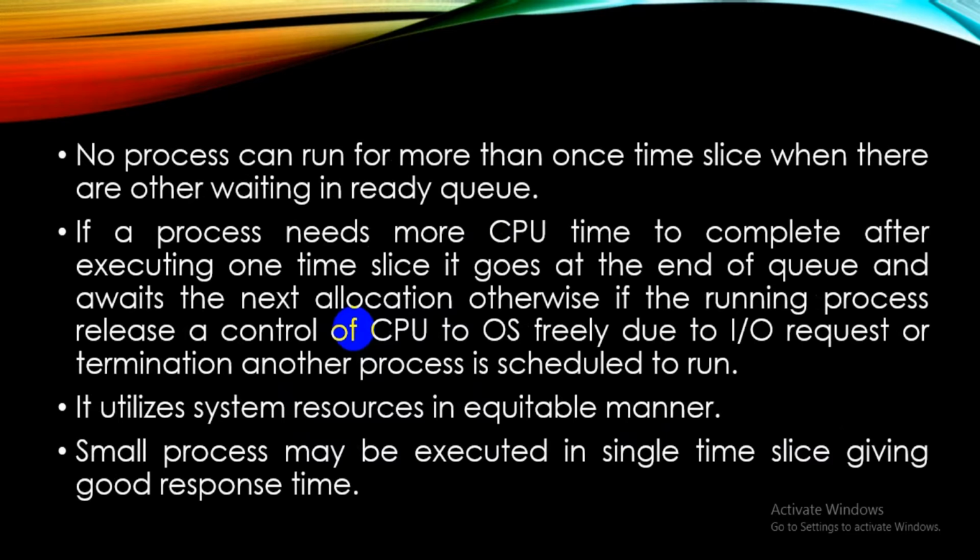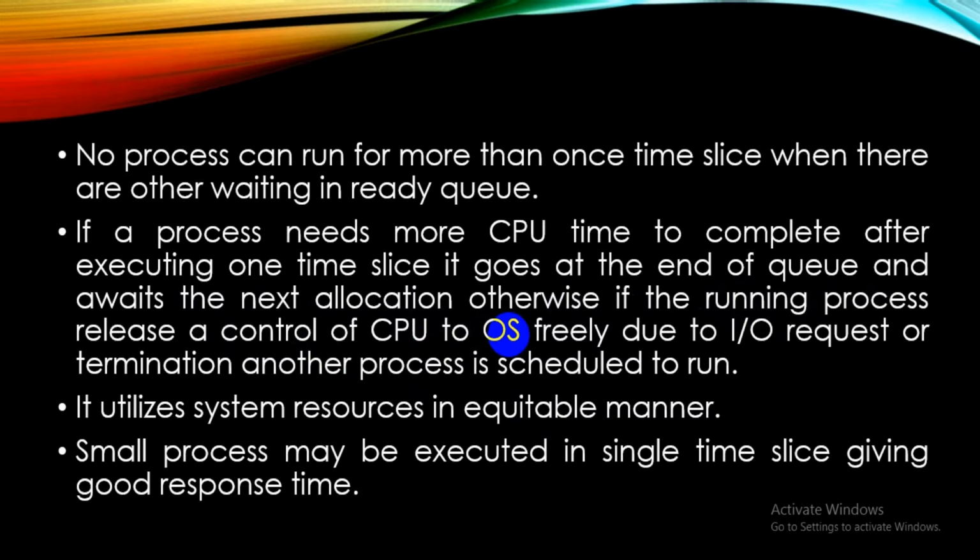If a process needs more CPU time to complete after executing one time slice, it goes to the end of the queue and awaits the next allocation. Otherwise, if the running process releases control of the CPU to the OS voluntarily due to an input output request or termination, another process is scheduled to run.